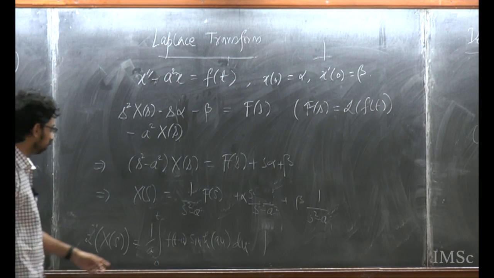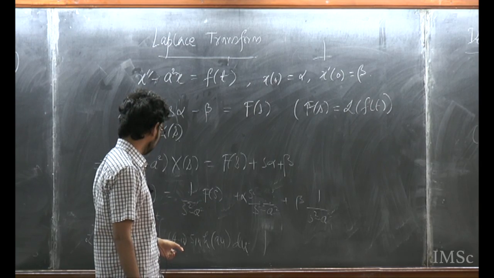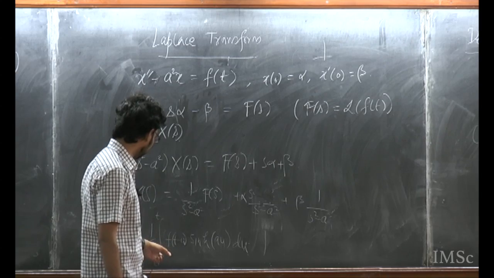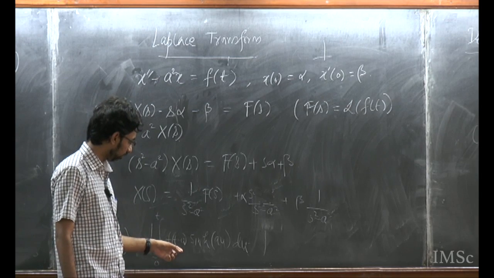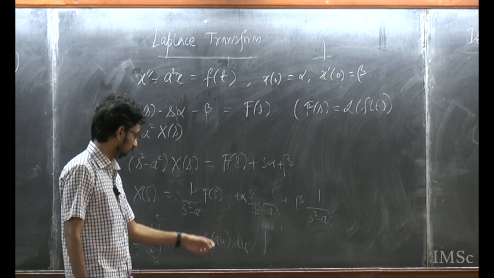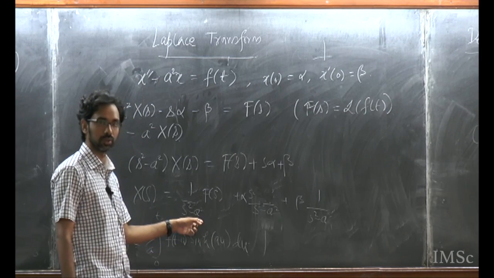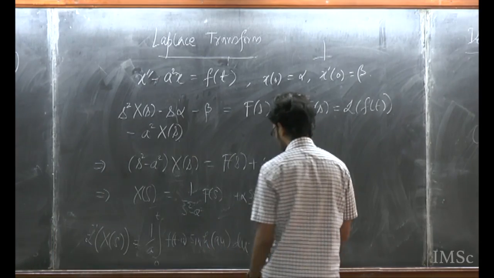So this is the convolution of f and hyperbolic sine. When you take the Laplace transform, it will be a product of the Laplace transform of f, which is F of s, and the Laplace transform of this, which you will get this. Okay. Similarly, you get the other terms.